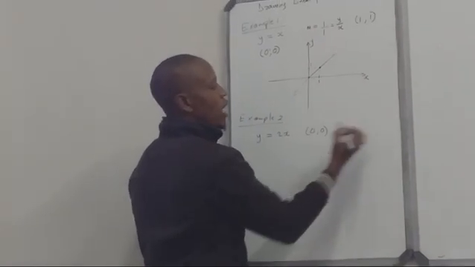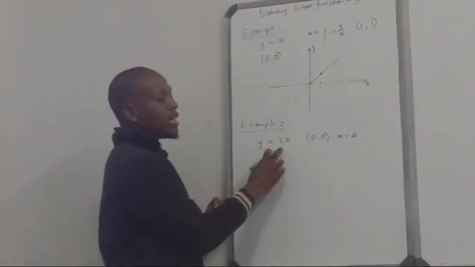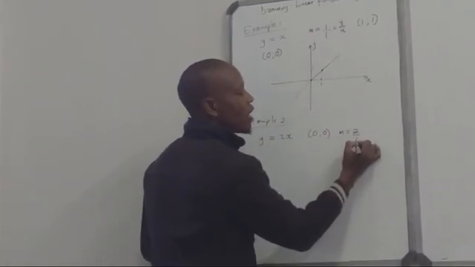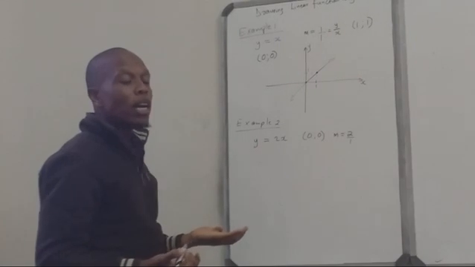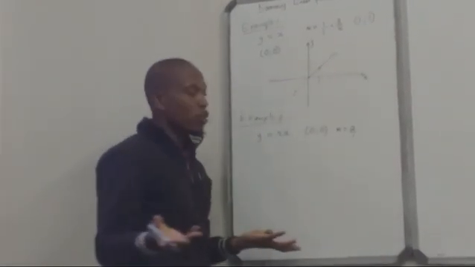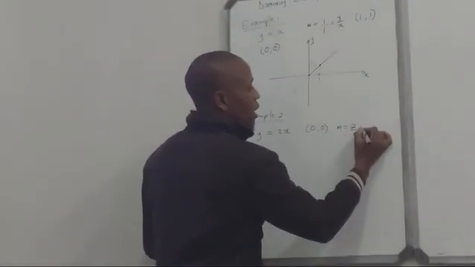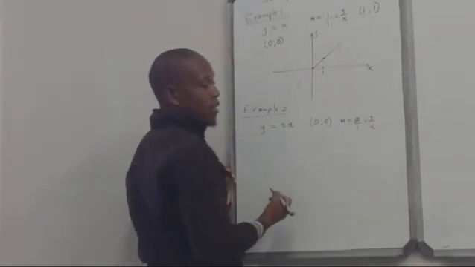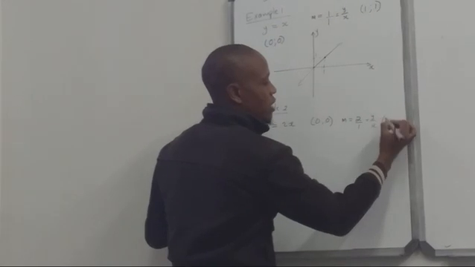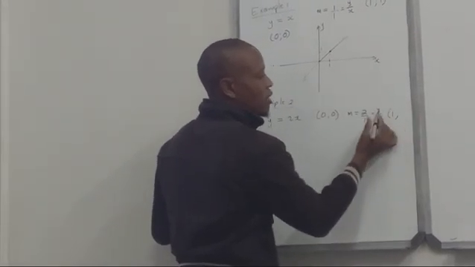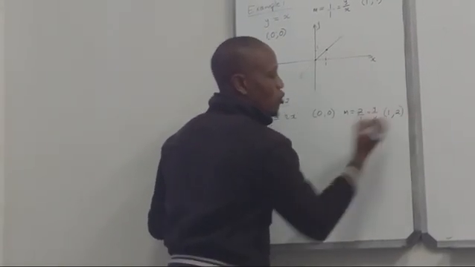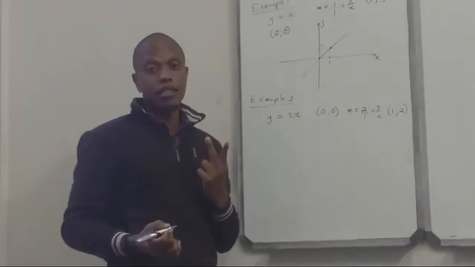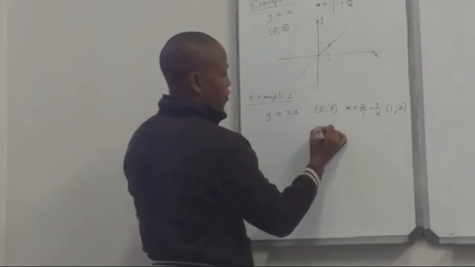Your gradient is 2. And remember, that is a rational number. You can write it as 2 over 1. 2 over 1 is still a 2. Nothing has changed. And remember, that is your y over x. Therefore, your x is 1 and your y is 2. And you are happy because you now have 2 points to draw your graph.